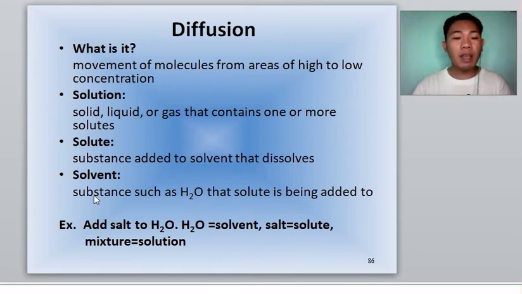And a solvent is a substance such as water that the solute is being added to. An example is when we add salt, or NaCl, to water. Water is the solvent and the salt is the solute, and the mixture is said to be the solution. I guess these concepts are basic enough for us to understand.